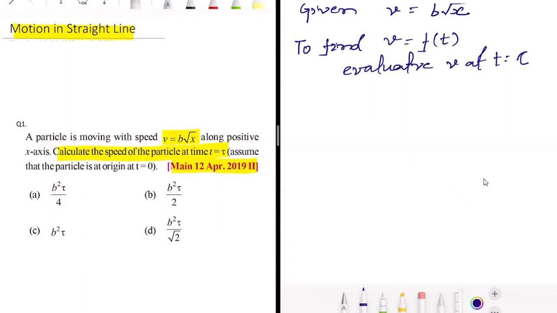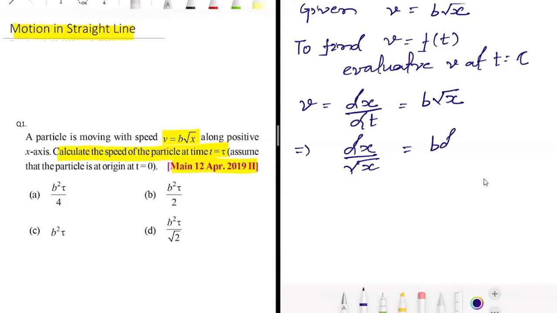पहले देखते हैं कि हम v को कैसे लिख सकते हैं. As you know, speed v can be written as dx by dt, which is given as b root x. This implies dx by root x is equal to b dt. Correct?